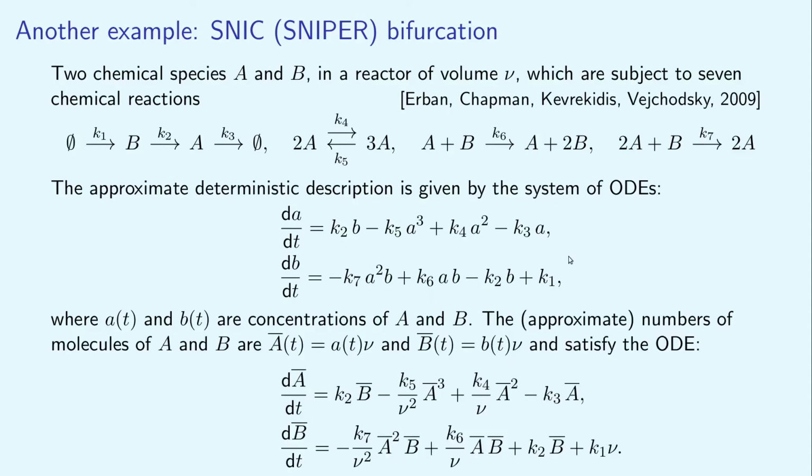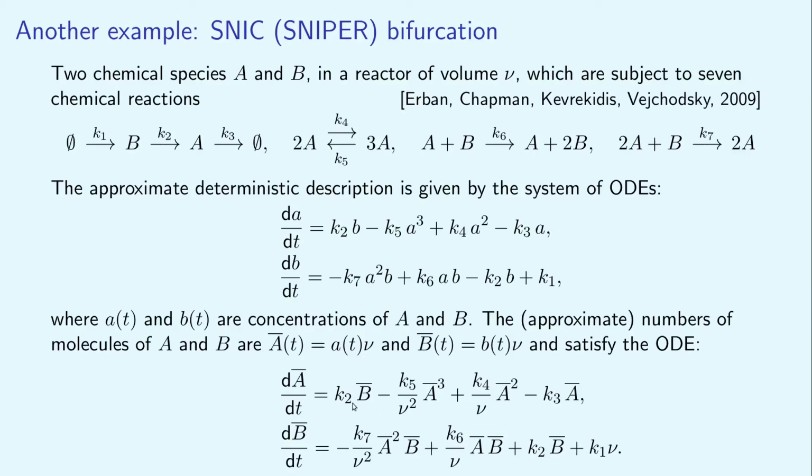Since we want to compare the results of these ODEs with the corresponding stochastic model, we again multiply the deterministic ODE system by the system volume nu to obtain ordinary differential equations for the approximate numbers of molecules of A and B. They are given as these ODEs.